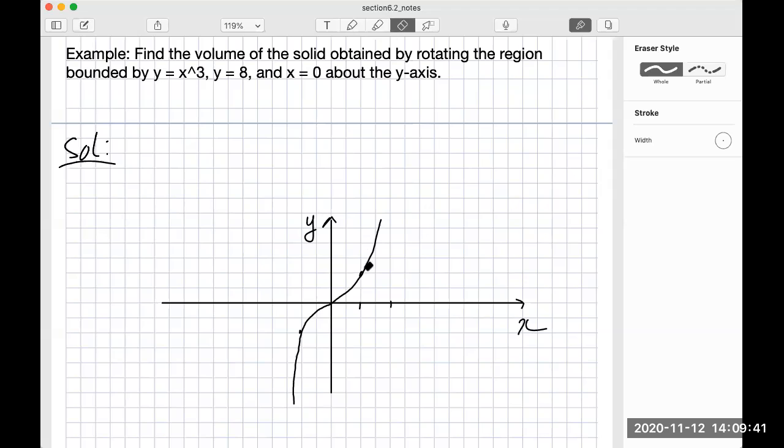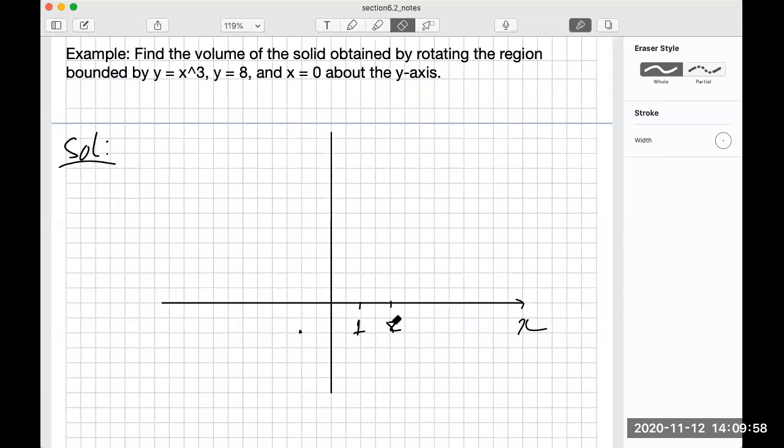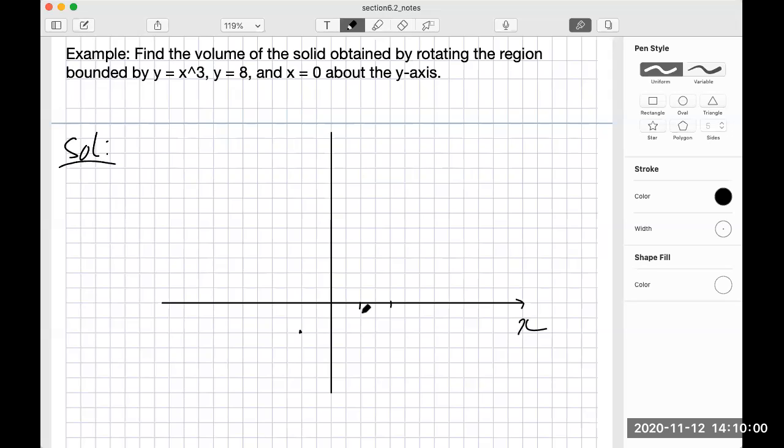Let me draw it again. If we continue drawing this guy, at 2, it will be 8.